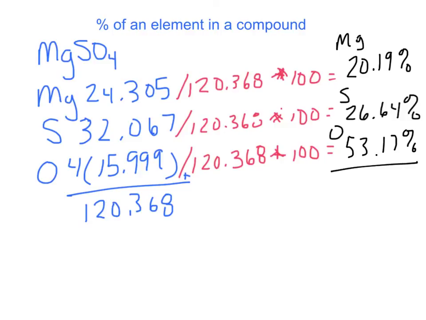Now hopefully this adds up to equal 100. And it does. I get 100%. So that's my double check to make sure that I did it right. If I've done my percent right, I should get within 0.01, depending on rounding. So I can find the percent of any element in a compound.